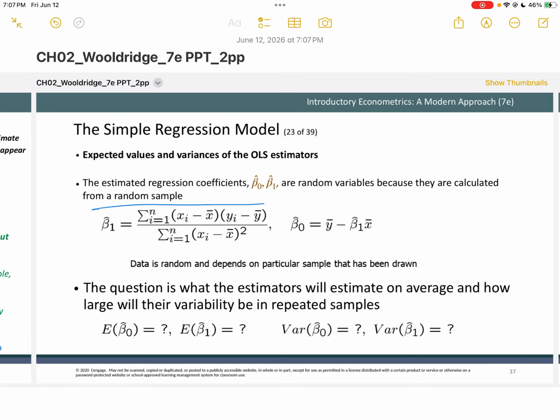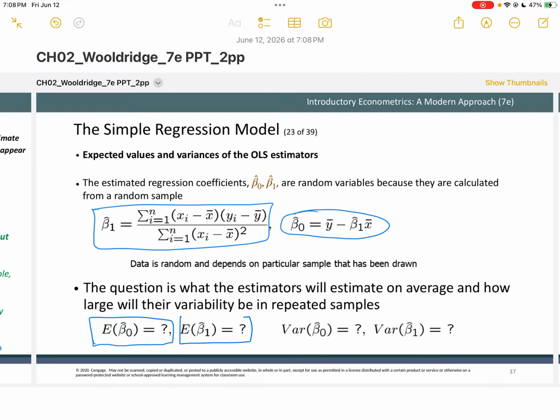So our beta 1 hat is written this way: the covariance of x and y divided by the variance of x. And our beta 0 hat is written this way: y bar minus beta 1 hat times x bar. So we are interested in what our estimators will estimate on average and how large their variability will be in repeated sampling.